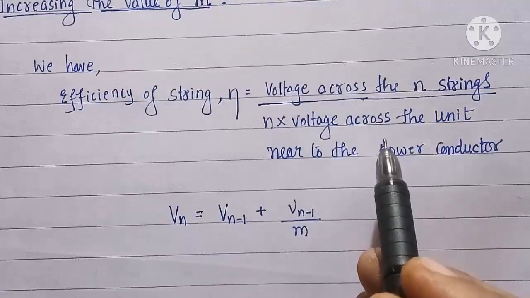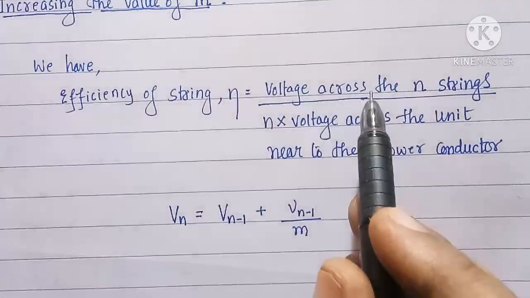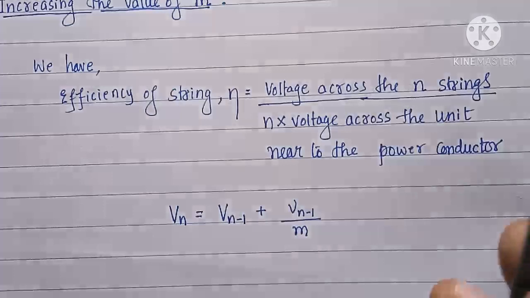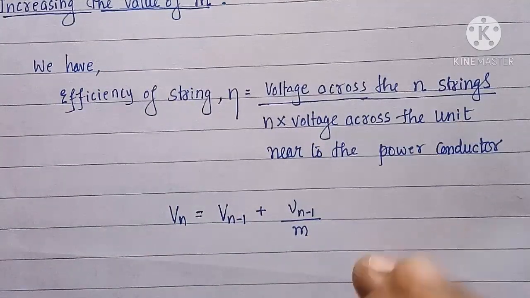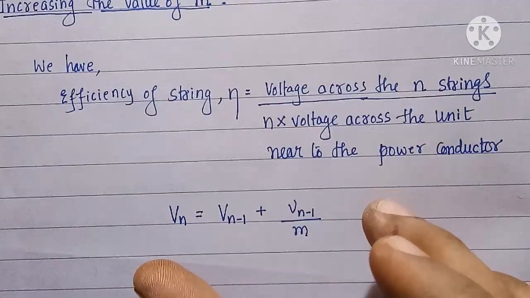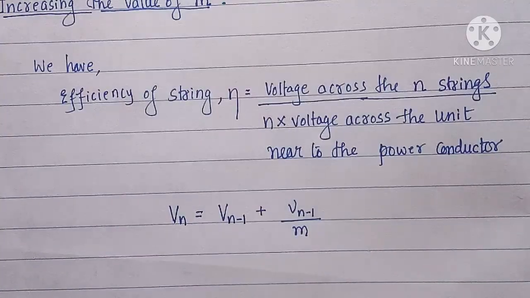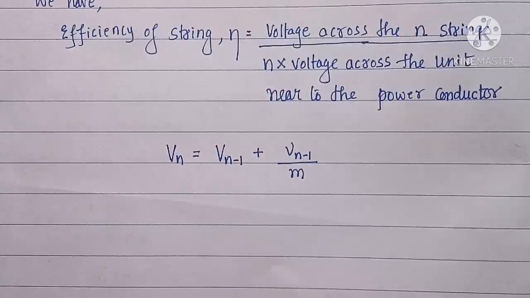That means denominator will decrease. By that what happens? Efficiency will increase. So this is the main idea behind the first method. We'll write a few lines on it.